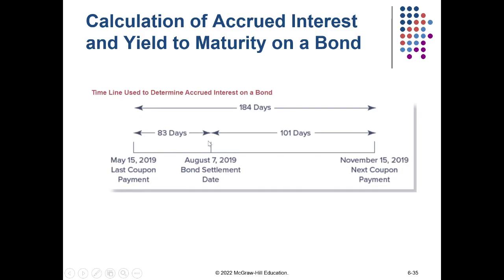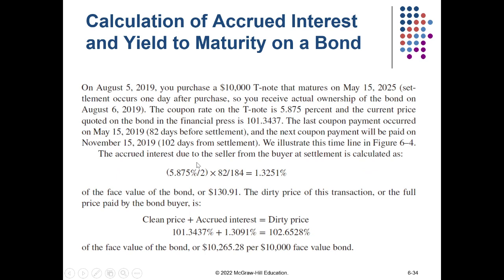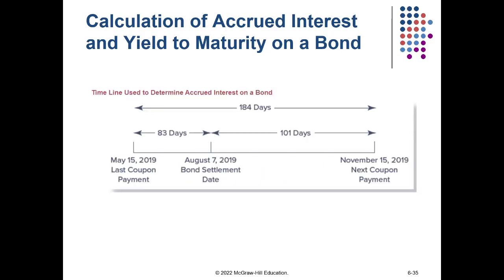But the bond was sold on August 6, but then considering the settlement takes 1 day, we consider August 7th as the bond settlement date. So basically that means there are in total 83 days in the first part, and then 102 days in the second part.